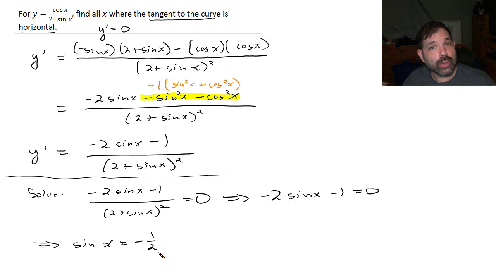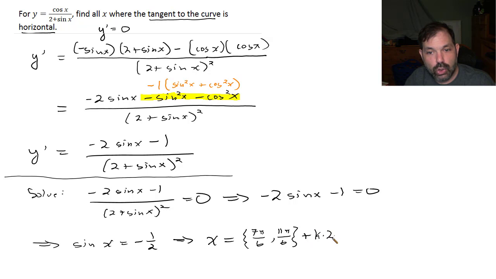We weren't given a restriction on the domain, so we have to think of all possible real values. So x is equal to, we have two fundamental solutions at 7 pi over 6 and 11 pi over 6, and we could take any of those and add k times 2 pi, where k is an integer.